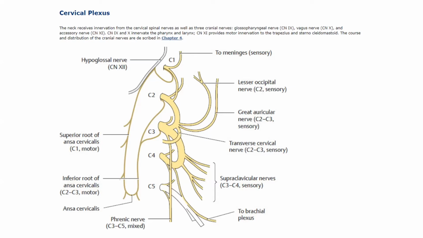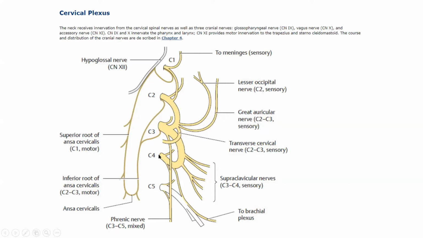It also forms the inferior root of the ansa cervicalis, and gives a very important nerve, called the phrenic nerve, which arises from the segments C3, C5, and mainly C4.